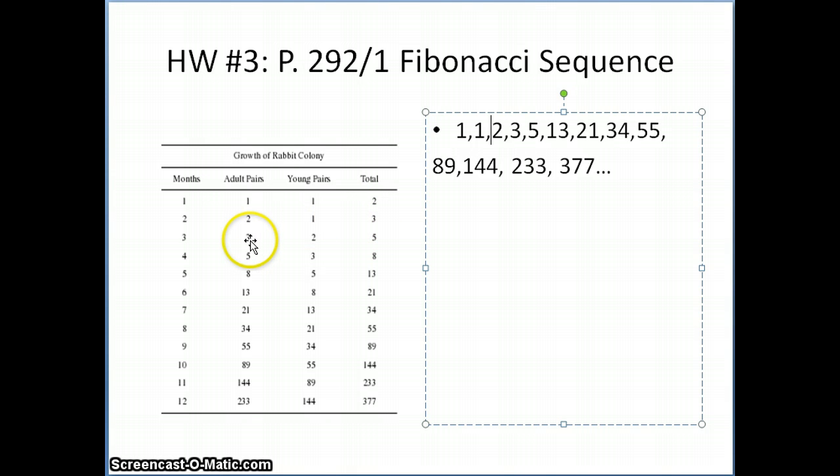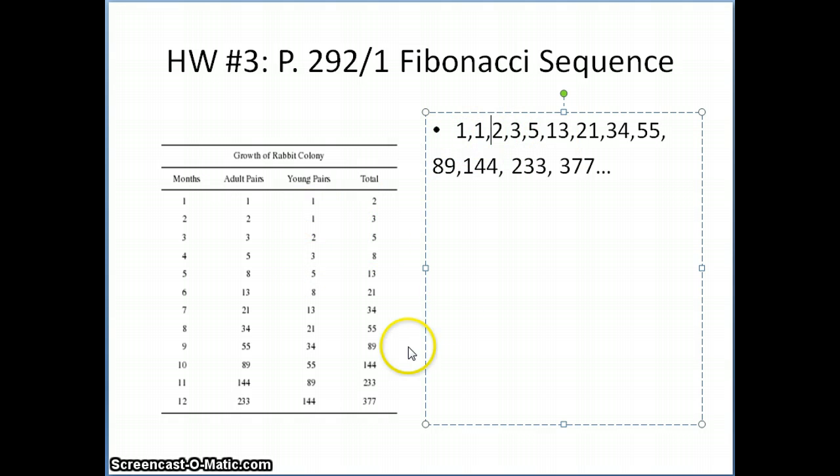And the third month, we have 2 adult pairs, because suppose it took a month for the young pair to grow to become an adult pair. So then these 2 adult pairs will give birth to 2 young pairs. So together we have 5 pairs. It's kind of like that.